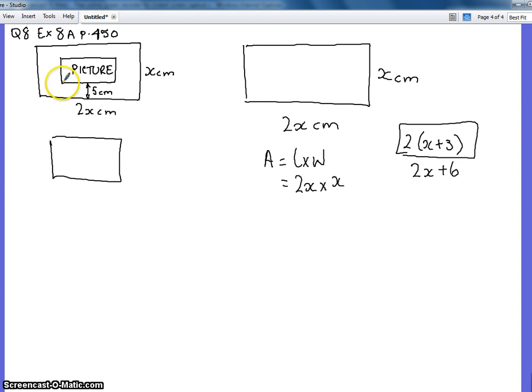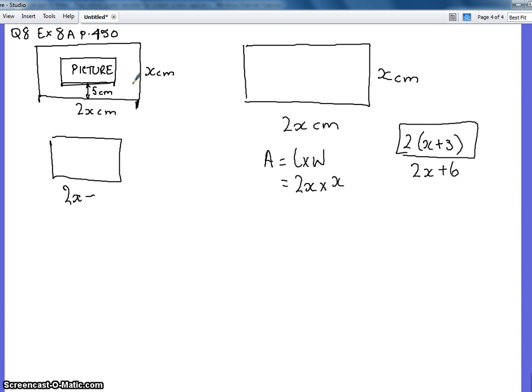Now, what's the dimensions of this? This distance here is 2x. But this distance here is not 2x, it's 2x minus 5 centimetres and 5 centimetres.